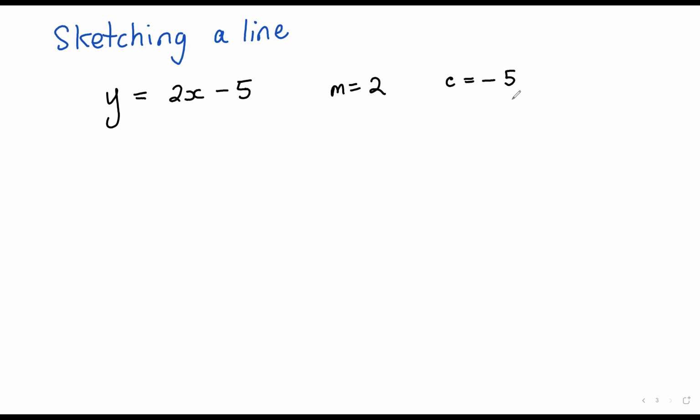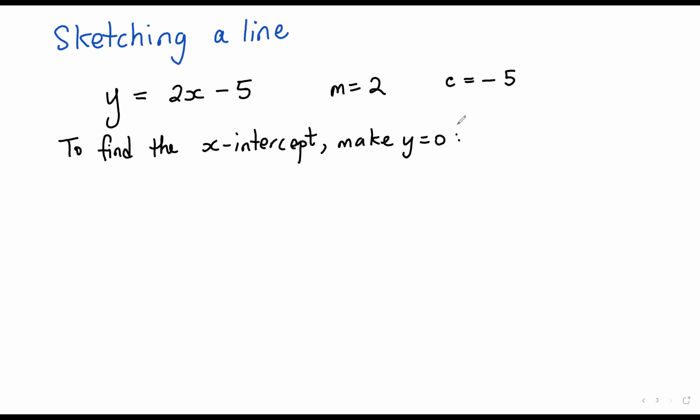So I like to go one step further and I would want to know where the graph will cut the x-axis. To find the x-intercept, guys, you have to make y equal to 0 in the equation. So then you would have 0 is equal to 2x minus 5.